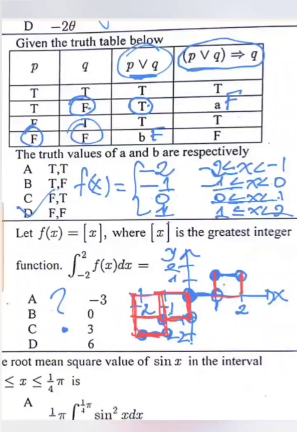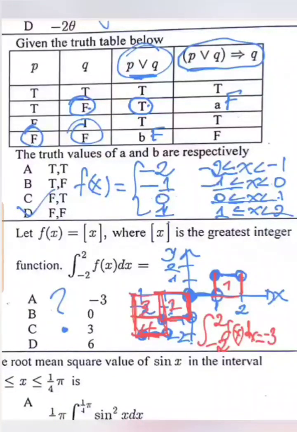So at the end I have 1, 2, 3, 4 squares, but there is 1 square that is above the x-axis, so that area will be positive, while 3 other squares are below the x-axis, so that area would be negative. At the end, the integral from -2 to 2 of f of x, being the greatest integer function, dx would be equal to the area below the x-axis, which is -3, because it's below the x-axis.